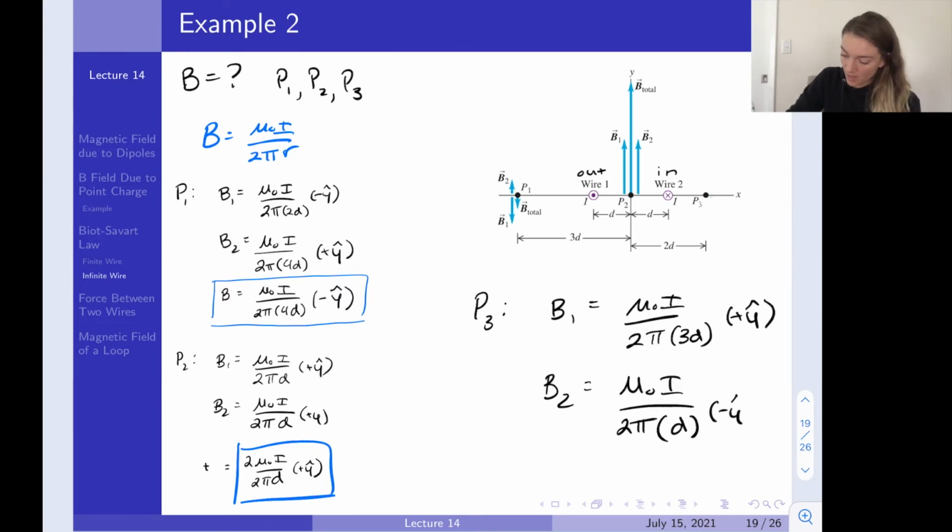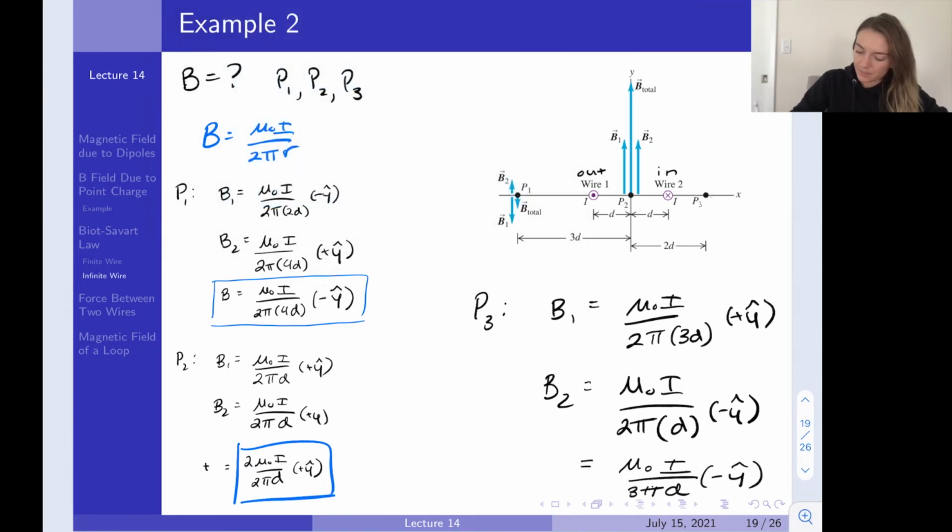So this is negative y. So this comes out to, when you add these up, mu naught I over 3 pi d in the negative y hat direction. So that's the magnetic field at point P3.